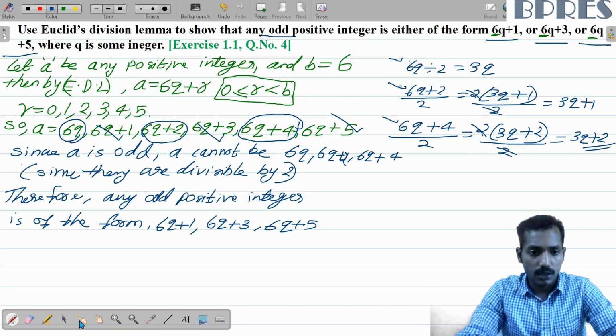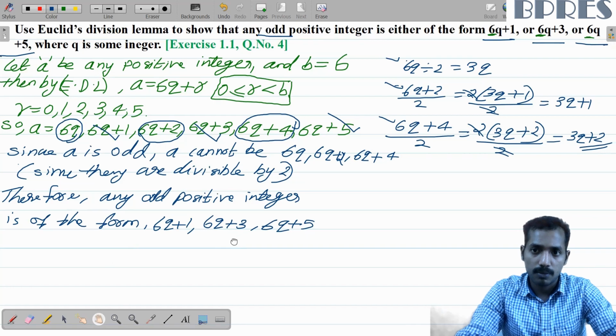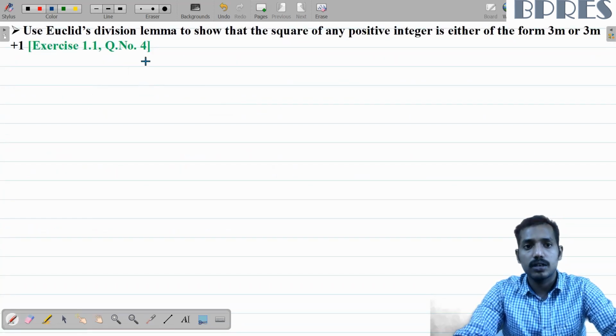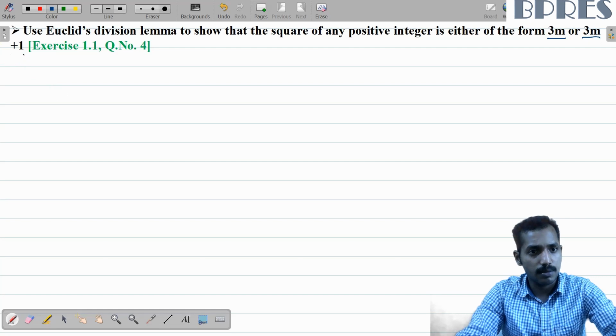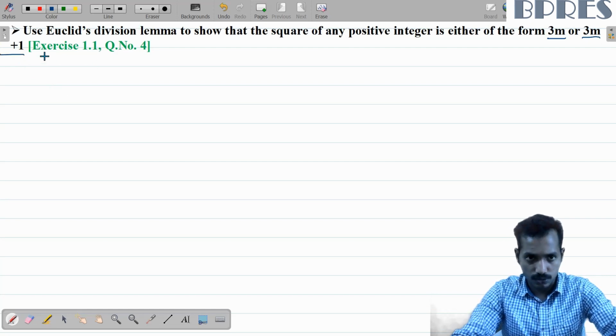Okay. Now let's take another example. Use Euclid division lemma to show that the square of any positive integer is either of the form 3m or 3m plus 1. Same procedure as in the last question.